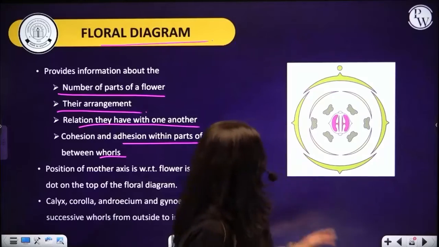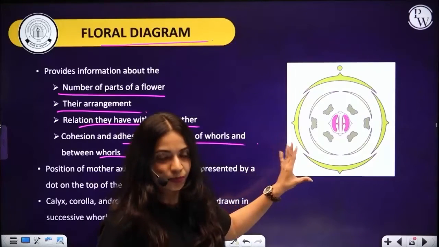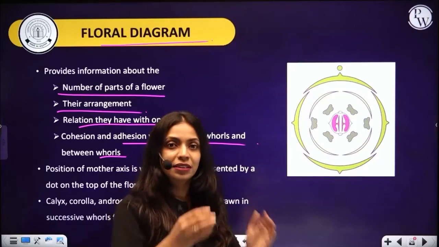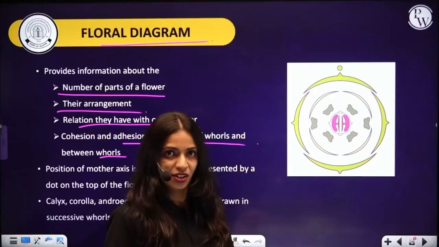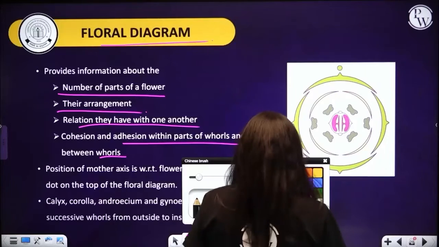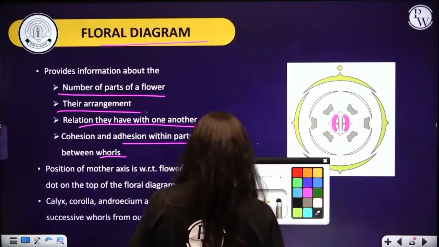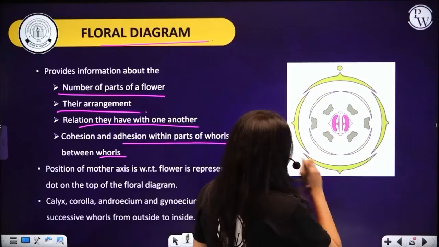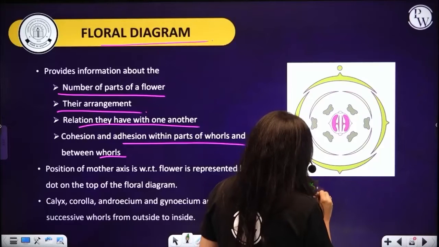So basically, in a floral diagram, we represent different floral whorls in concentric circles. So whatever you're looking at here, let me use a dark green color to represent this, this is basically the floral diagram of family Brassicaceae.